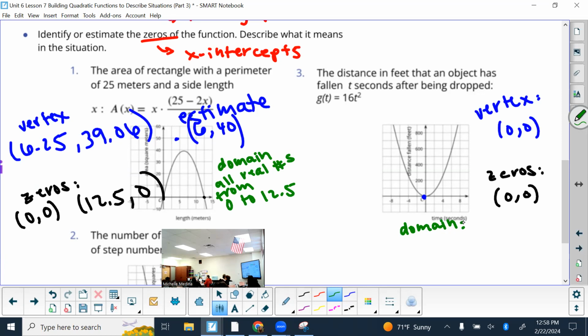So when it's domain, it's referring to all the what in a function? Domain refers to all the what in a function.